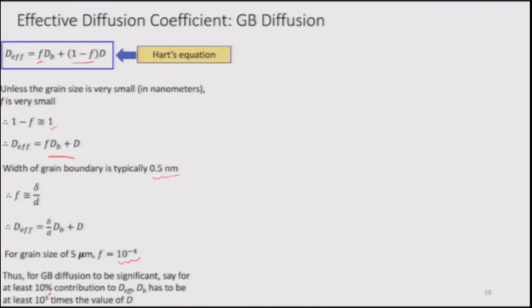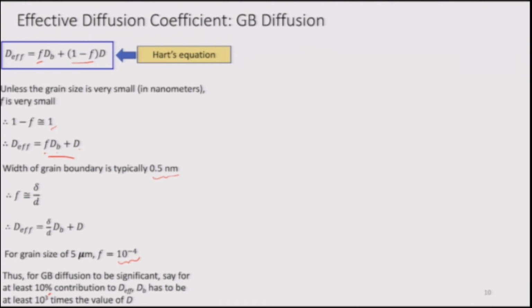So, the grain boundary diffusivity would be much higher than 10,000 times the lattice diffusivity, and hence the grain boundary diffusion will dominate. So, in this case the small value of F will be more than compensated by large value of D_B compared to D, and hence D effective will be dominated by the grain boundary diffusivity.